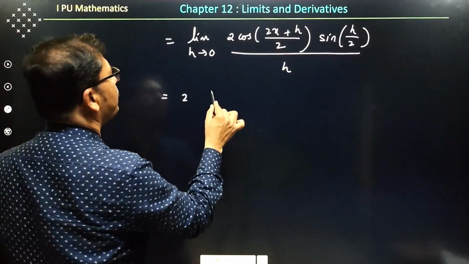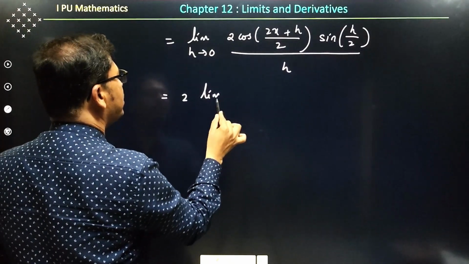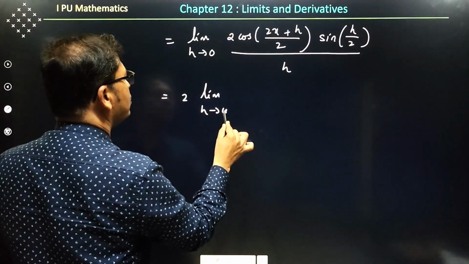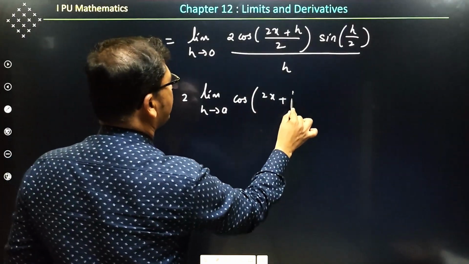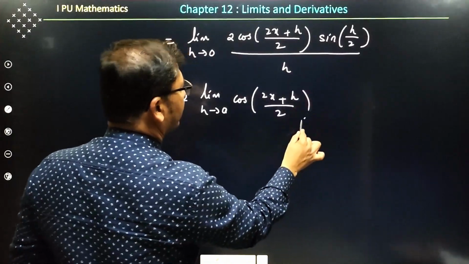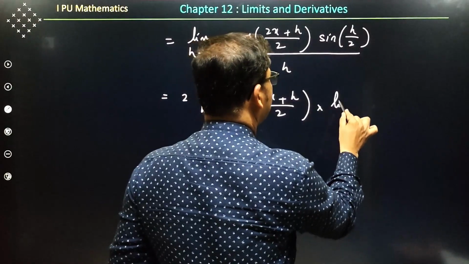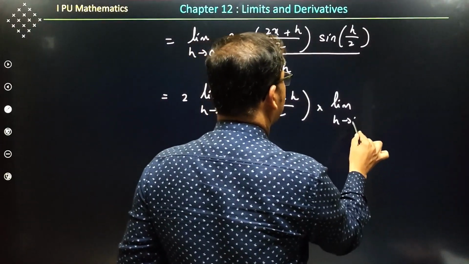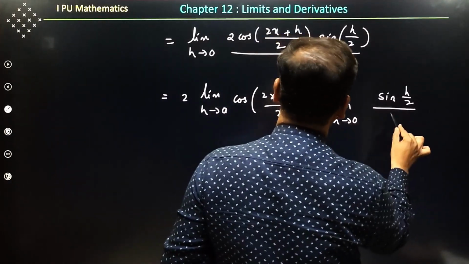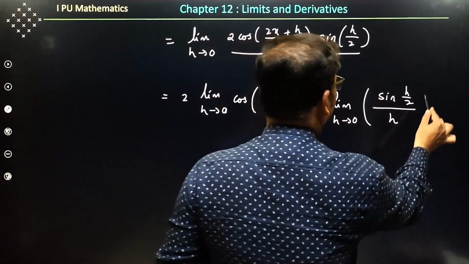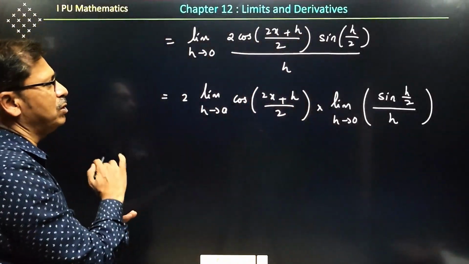Then limit h tends to 0 of cos of (2x plus h) divided by 2, as it is, and limit h tends to 0 of sin h by 2 whole divided by h. See, I have applied the limit separately to each term that remains, and taken 2 as a constant.